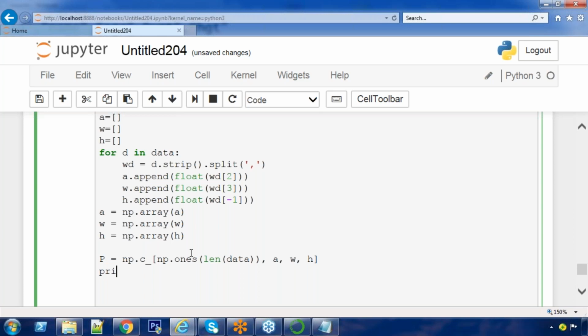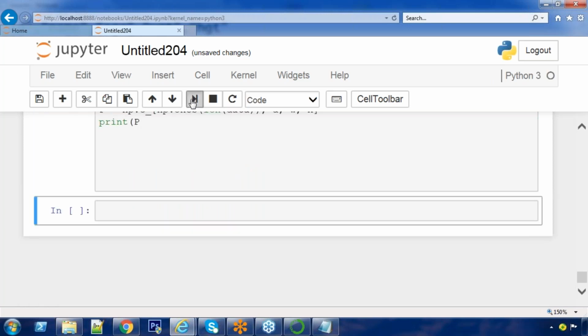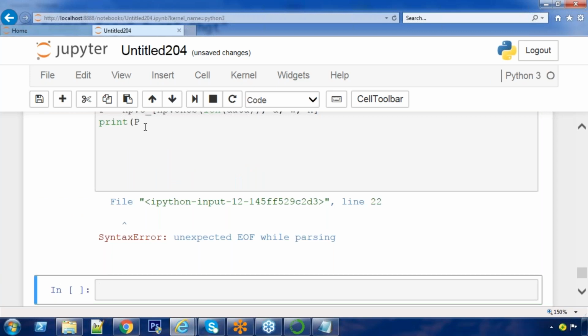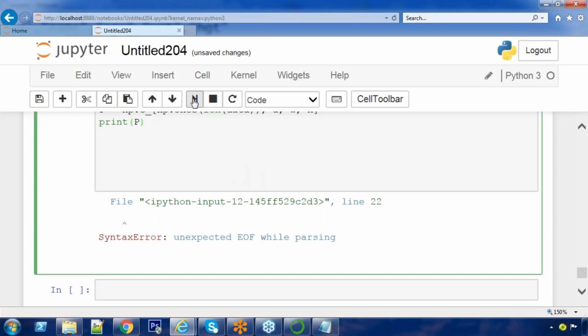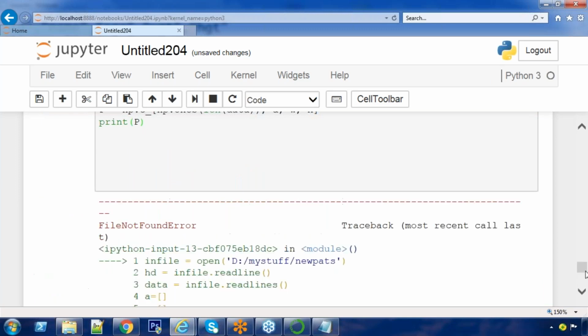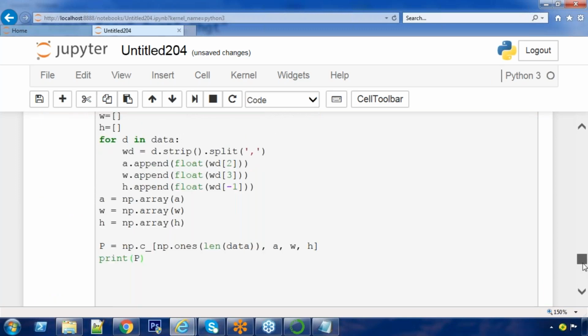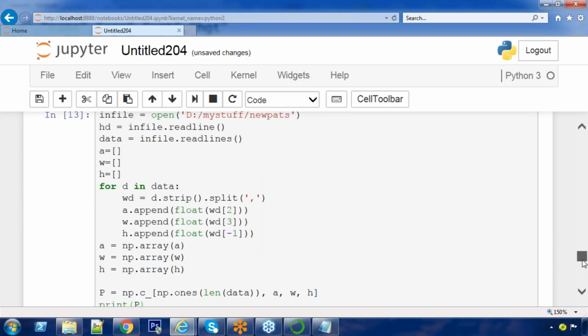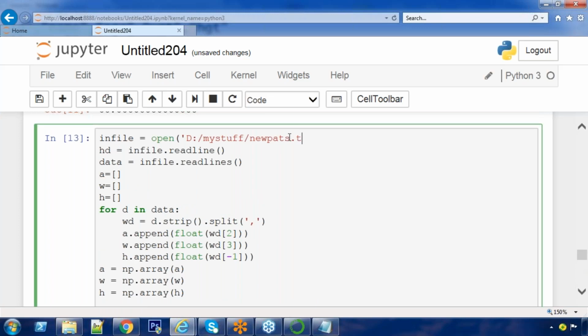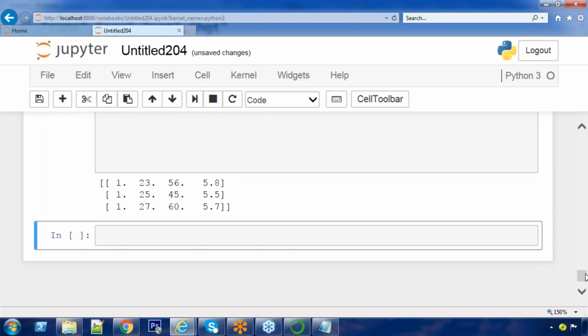Just check it. It is a 3 by 4 matrix. Now I'm going to scale it.